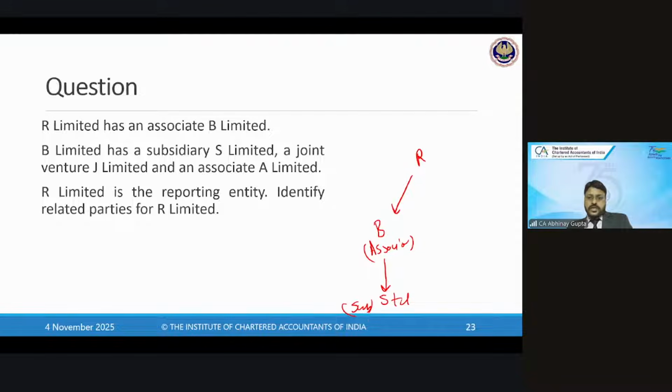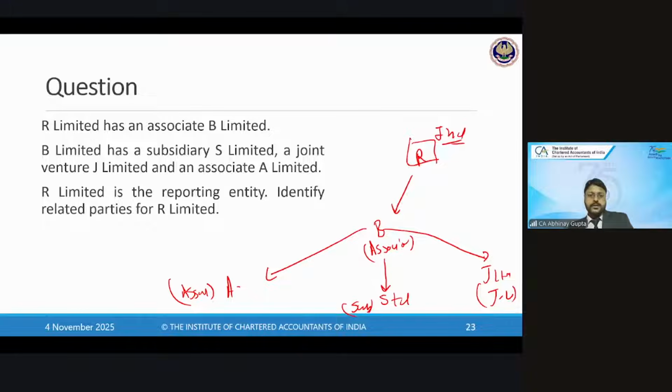B also has J Limited as a joint venture, JV, and an associate A Limited. So A is the associate. R Limited is the reporting entity, preparing the financials. Identify the related parties.